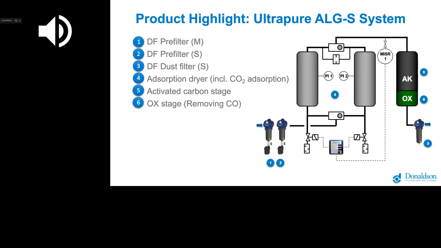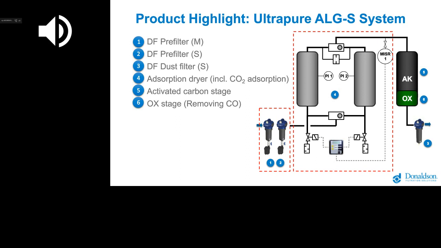So if you are looking at this purification system, you are starting here with a 2-stage prefiltration using a microfilter type M and a submicrofilter type S. I will come back to this in the next slide. And in the second part, you'll see the adsorption dryer consisting of the 2 adsorber vessels.